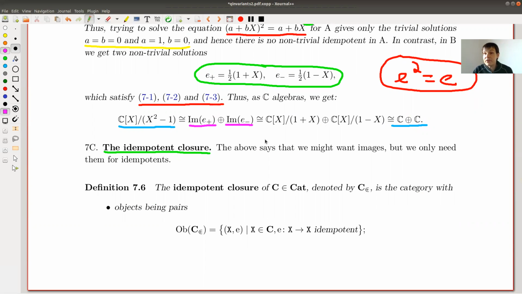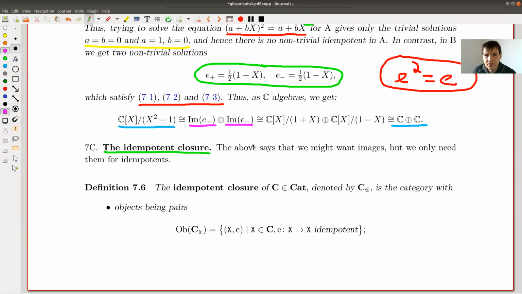So in the Abelian category, you always have images of everything. But what I tried to explain last time is that Abelian categories might be a little bit rare. Additive categories are everywhere, but Abelian categories are nicer, but rare. And they have images for everything, but maybe that's too much. So maybe we only need images for idempotents.